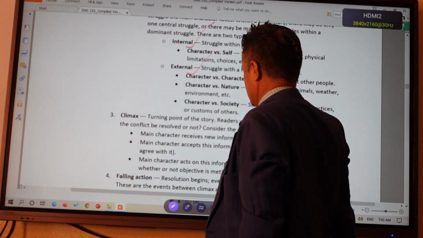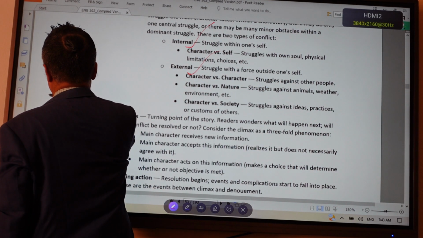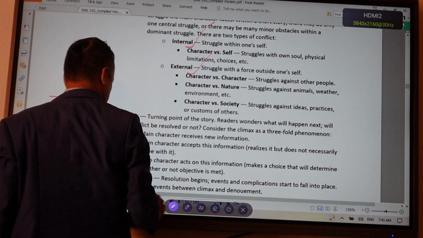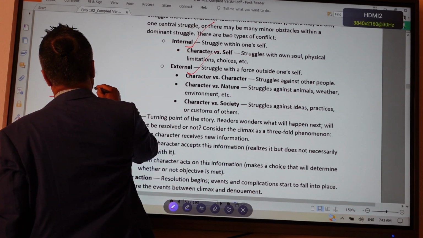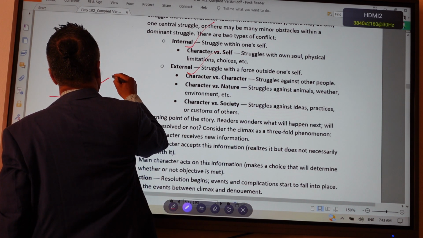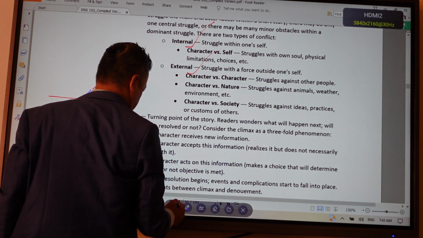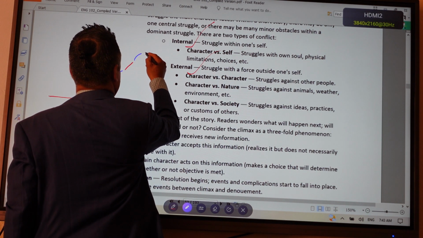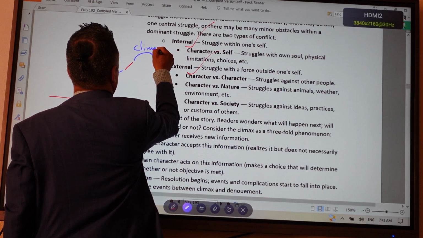Right? Okay. Climax. As I said, story begins normally, then we have conflict, then we have complication, then we have the crisis, or this is called climax.